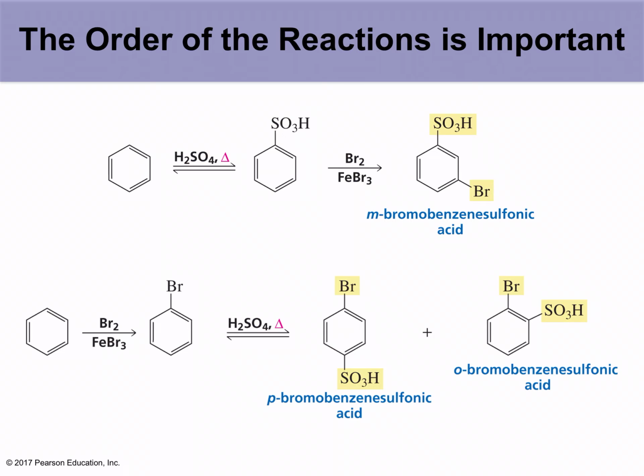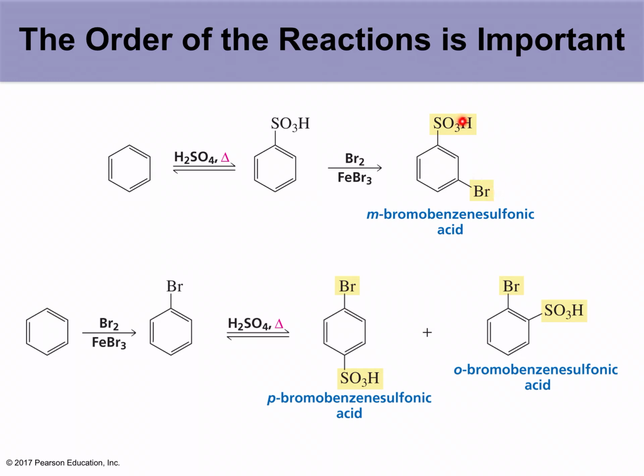And when you are performing a reaction, the order of the reactions is also important because some of the substituents are ortho-para directors and some substituents are meta directors. Let's say you want to form meta-bromobenzenesulfonic acid from benzene. In order to do that, we have to put a bromine group meta to the sulfonyl group.